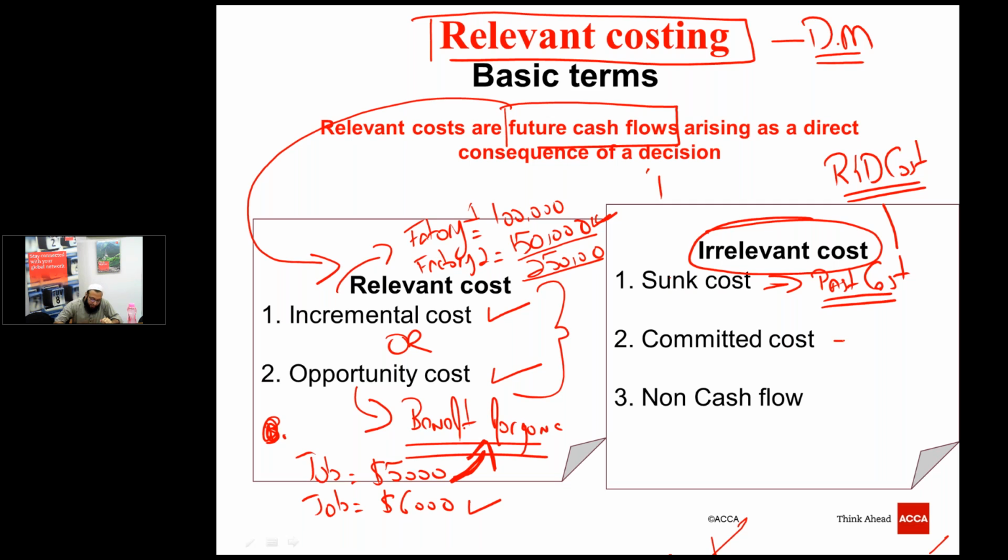Committed cost, what's that? A cost that you will incur in future. Now this is a bit tricky. It will be incurred in future, but still it is irrelevant. Now you would say, sir, you said relevant costs are future cash flows, so why is this not a relevant cash flow then?